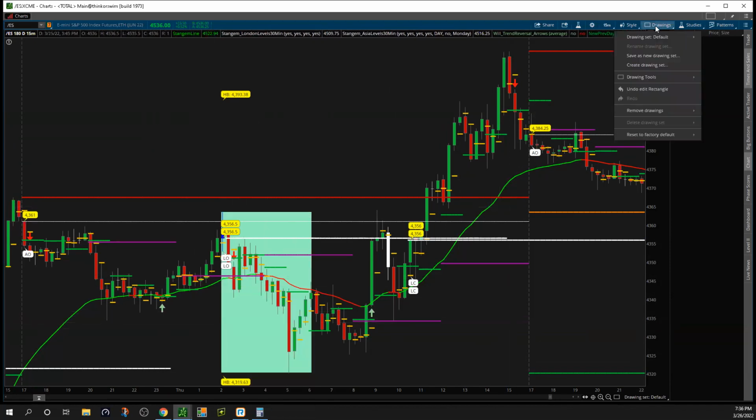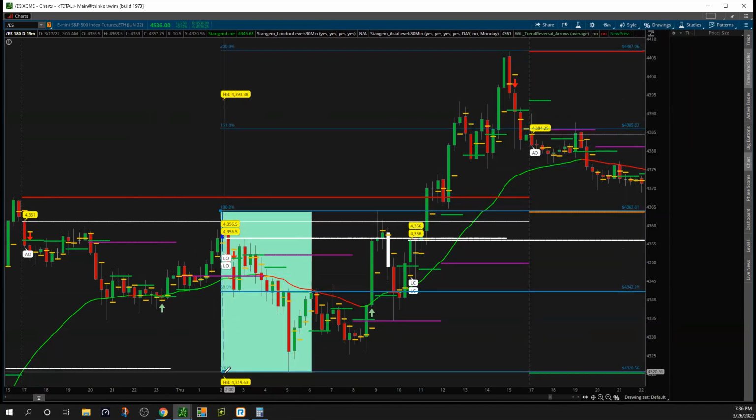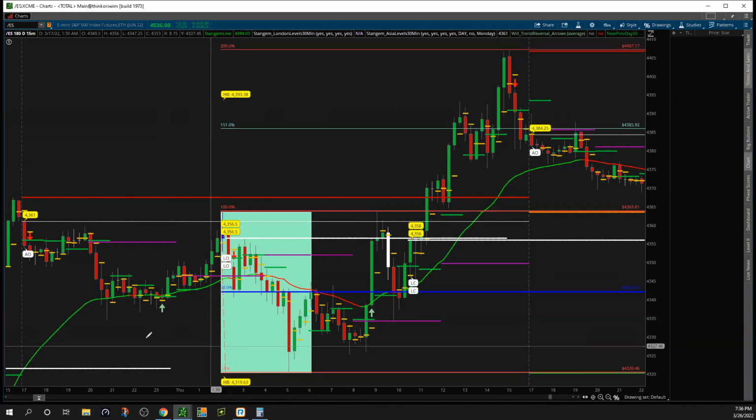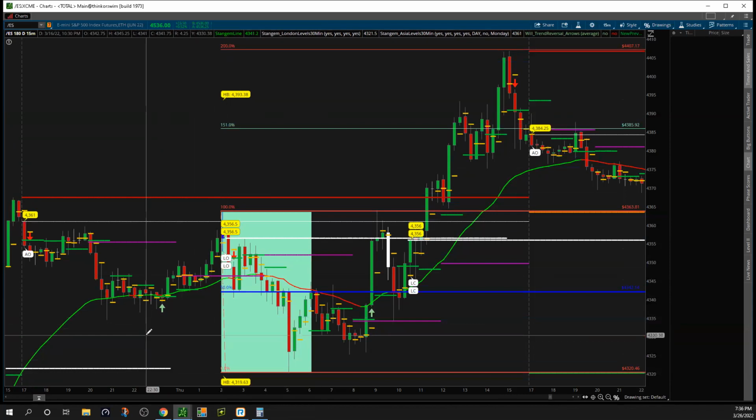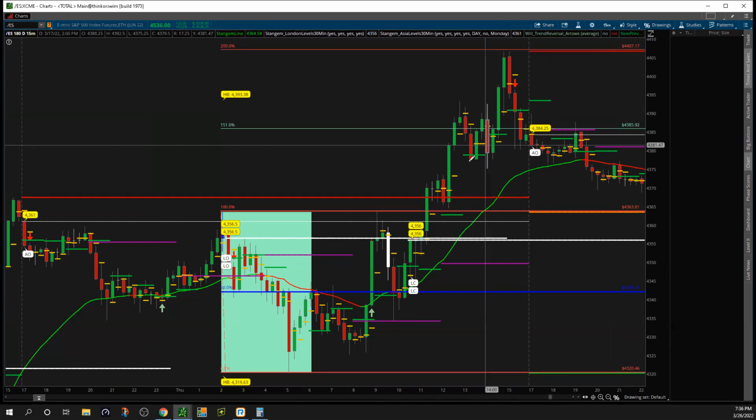We're going to draw the fib. There's our 50% line. I'll duplicate the block.